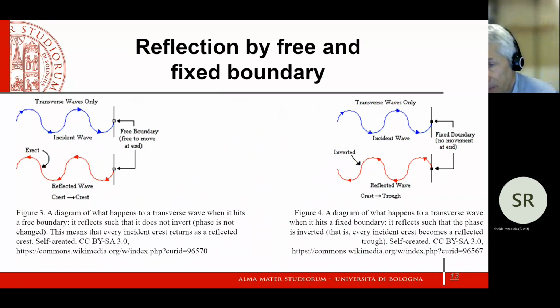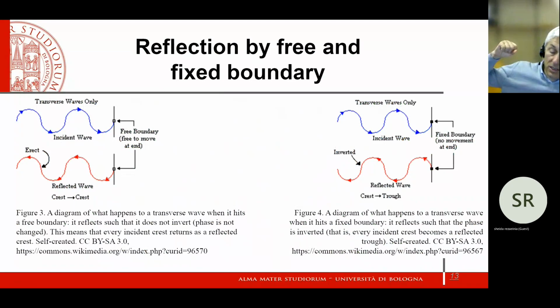Let's look at the right, where there is a fixed boundary. What does this mean? That there is no movement at the end, like in the mouth, because in the mouth, if you ignore for a moment the forcing, let's assume that the forcing has stopped and the ocean is flat. It means that there is a fixed boundary at the mouth of the harbor. The harbor cannot move the ocean up and down.